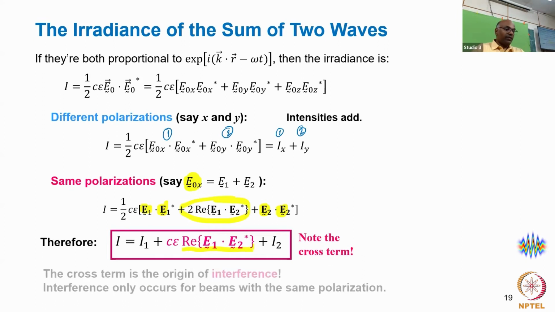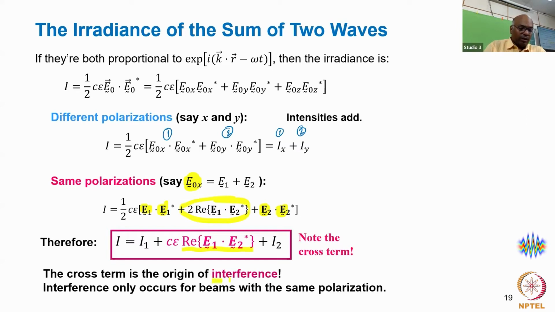So when two waves have the same polarization, we begin to see this very iconic phenomenon of optics called interference. Okay, so this is an important facet of optics, and essentially you can say that a condition for observing interference is that the two interfering waves have the same polarization.